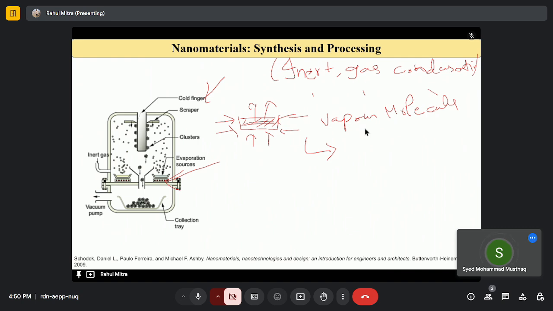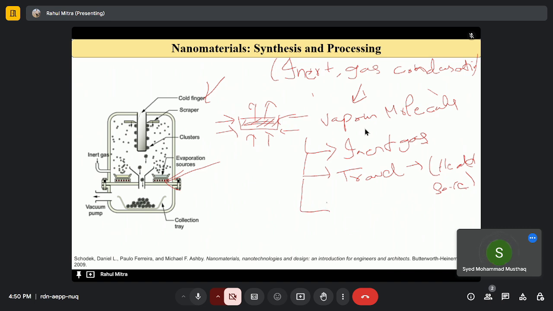These molecules will be carried by this gas, and this gas is an inert gas. So vapor molecules are taken by the inert gas and they travel away from the boat or the heating filament source. Right?